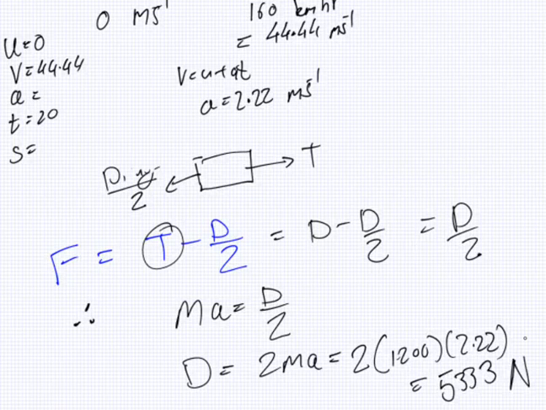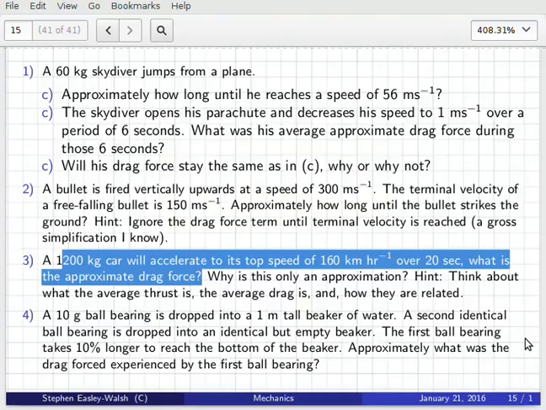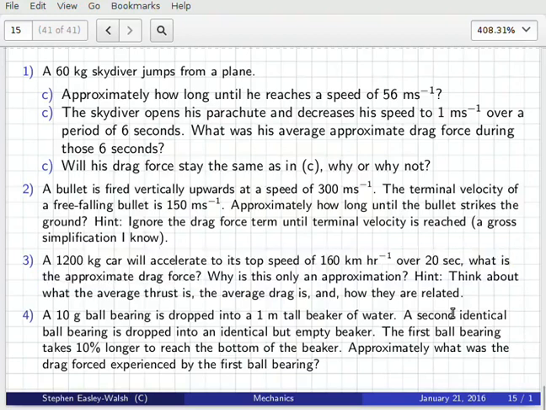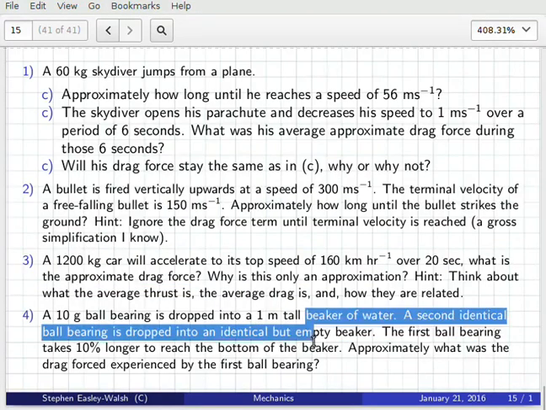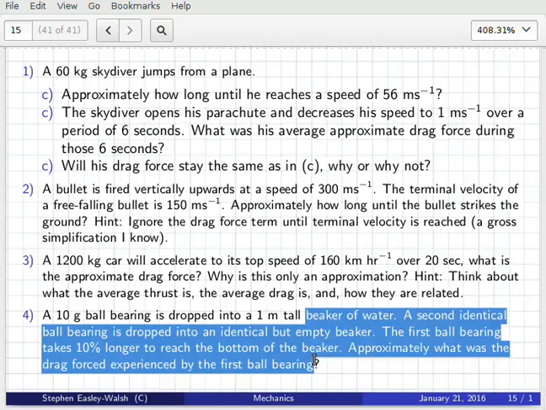Okay, have a look here. There's a force which is driving the car forward. I'll call this force T. Are we looking?